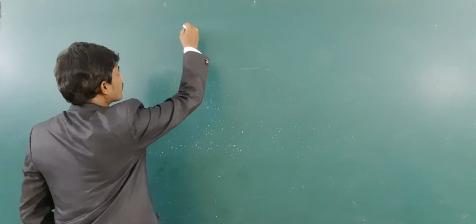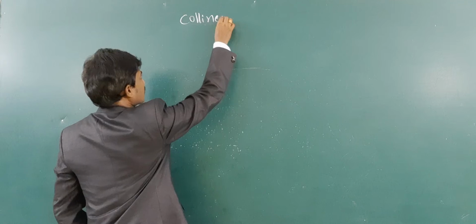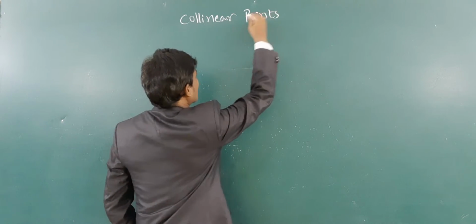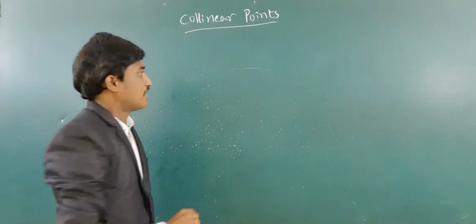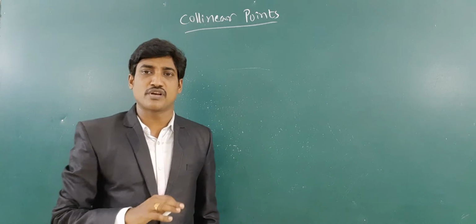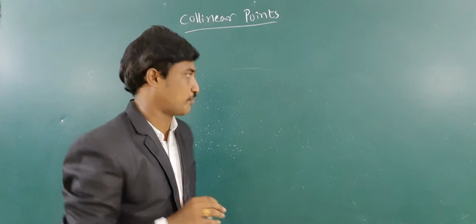Now, let us define collinear points. Three or more points that lie on the same straight line are called collinear points.